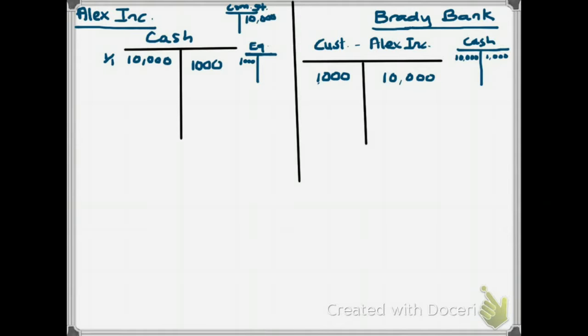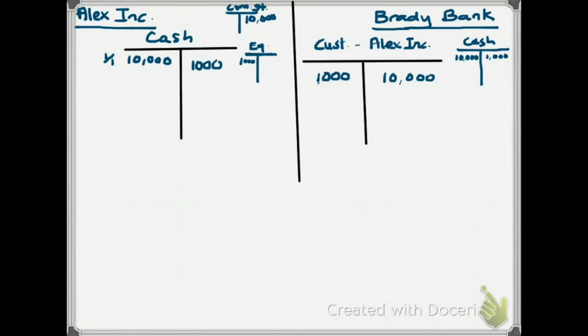Now Brady Bank only owes us $9,000. $10,000 minus $1,000 is $9,000. So for every transaction that we have that is cash, Brady Bank will have a mirror image of our cash account in their books. Let's do a few more transactions.